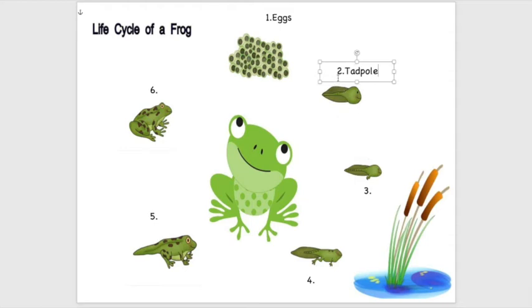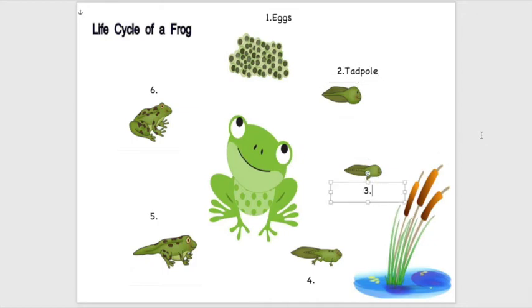T-A-D-P-O-L-E. Tadpole. Can everybody say that? And a tadpole is a lot like a fish. Right now, when they're a tadpole, they'll actually be living only in the water. They'll be swimming around, kind of moving like a fish, and they have gills so they can breathe underwater.